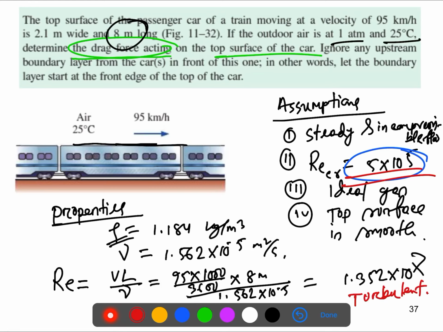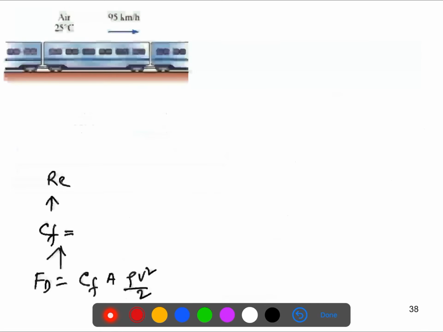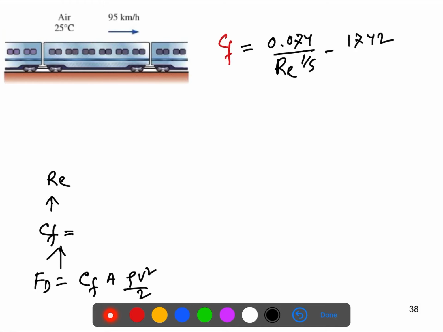As it is greater than the critical Reynolds number, we will consider the combined effect of the laminar and turbulent flow when we calculate the friction coefficient. We already know the friction coefficient for both effects: 0.074 over the Reynolds number to the power 1 by 5, minus 1742 over the Reynolds number.